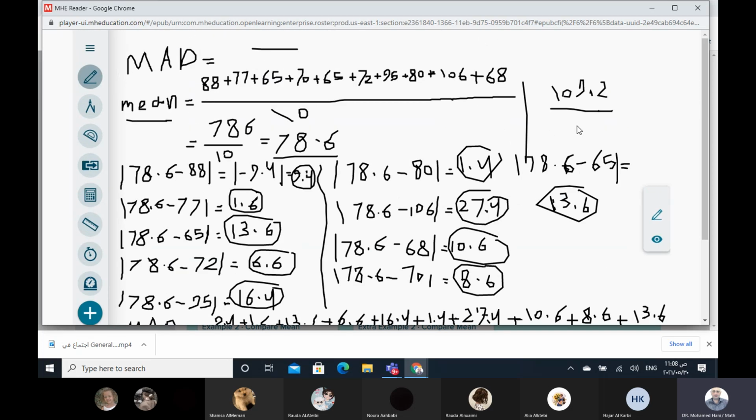Divide by 10. So the answer will be 10.92. This is the meaning of MAD, mean absolute deviation.